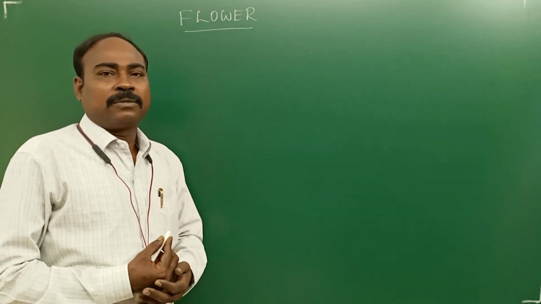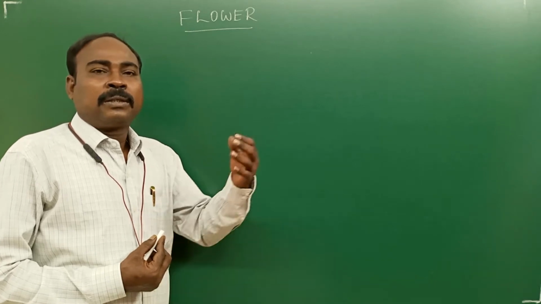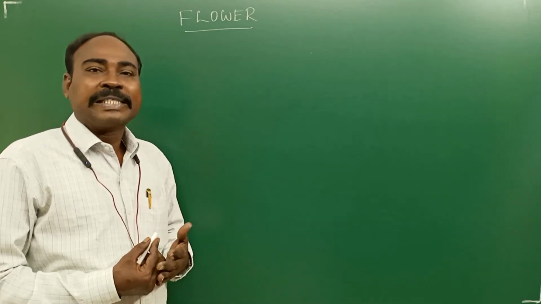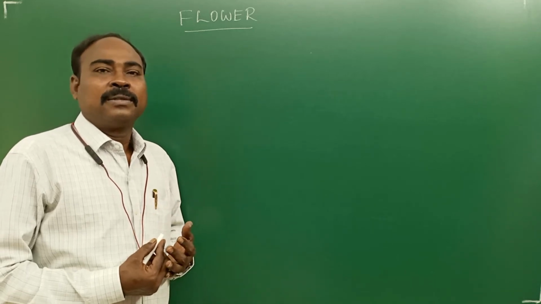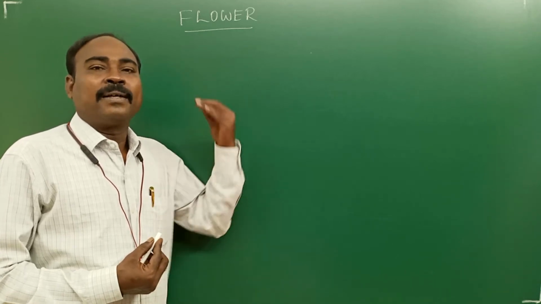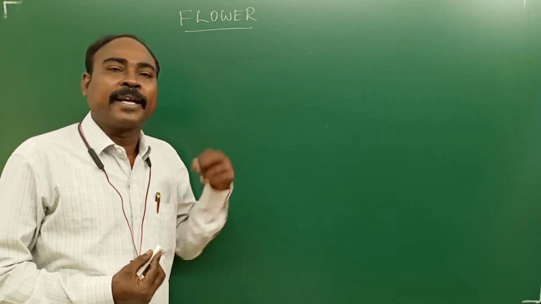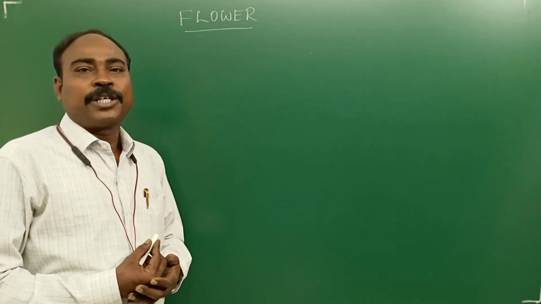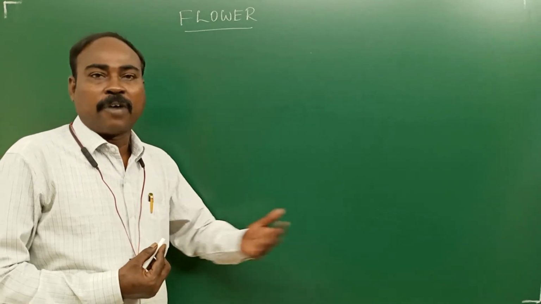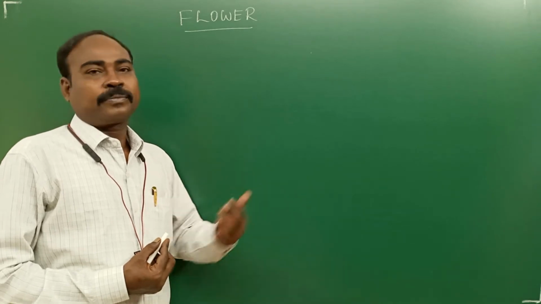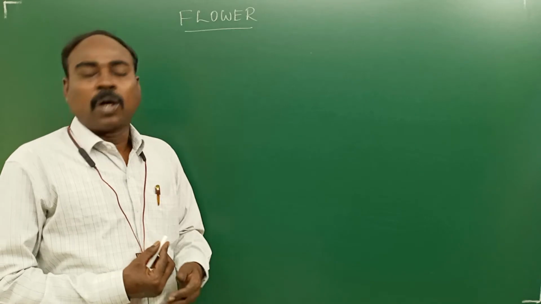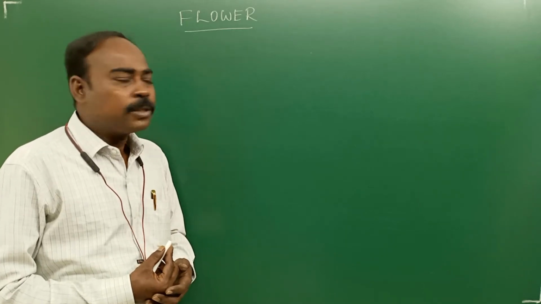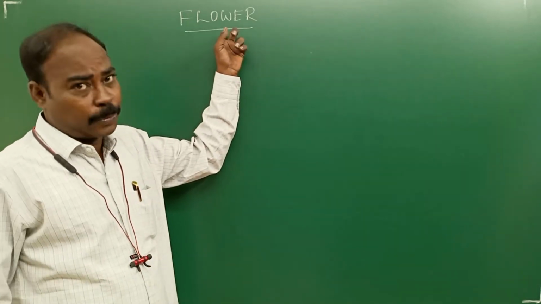Ultimately, the flower turns into fruit and seeds. The seeds are the structures which can germinate and give the next generation plants, that is offsprings or daughter plants. Right? So flower is actually the reproductive unit.